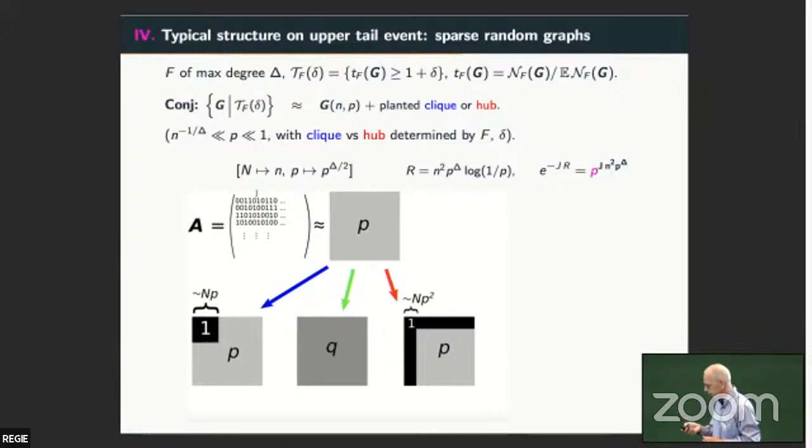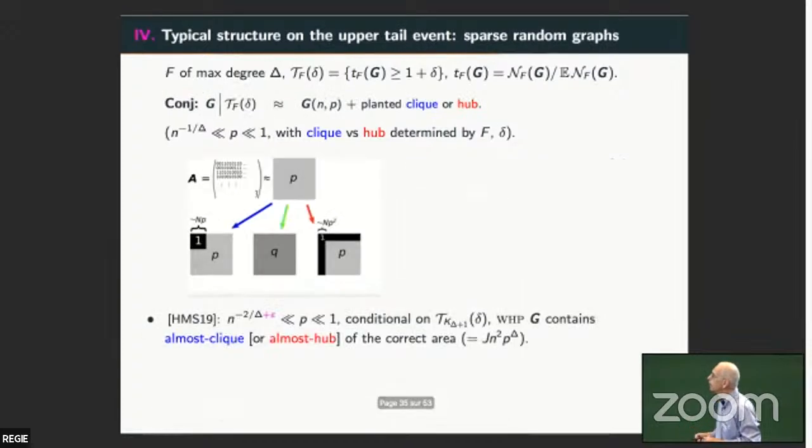Okay, so we are after this situation. So what was done already? In the paper of Harel et al., they looked at the complete graph. And for the complete graph, because it is very easy, they were able to prove not only the upper tail probability, but also to verify a piece of this conjecture.